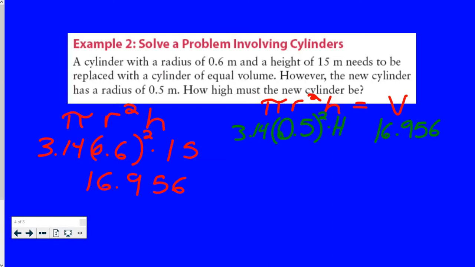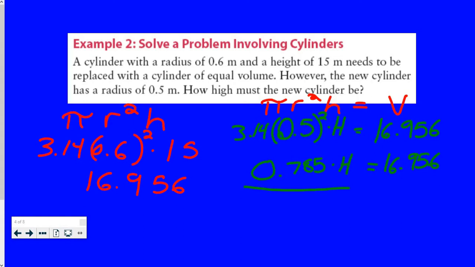So we're going to simplify it really quick. We're going to square 0.5, and we're going to multiply it by 3.14. So we get 0.785 times h equals 16.956. To isolate h, we do the opposite of what's happening to it, like you learned in grade 7.